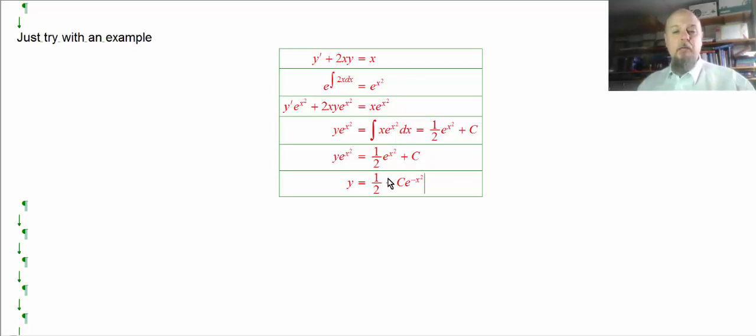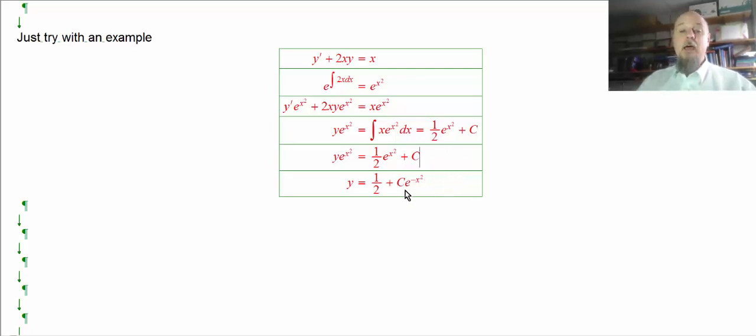How do I get this c? I could plug in the initial conditions. But notice, if I forgot the c when I integrated both sides, then there would be no c. This piece would be gone, and I would just get y is equal to 1/2.